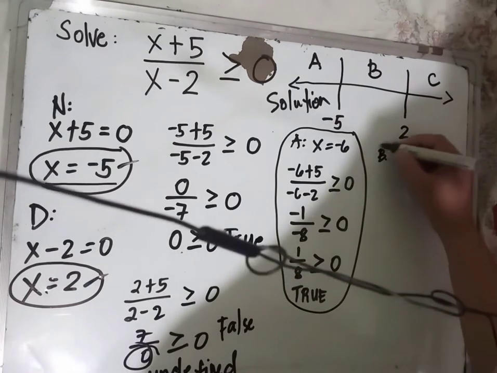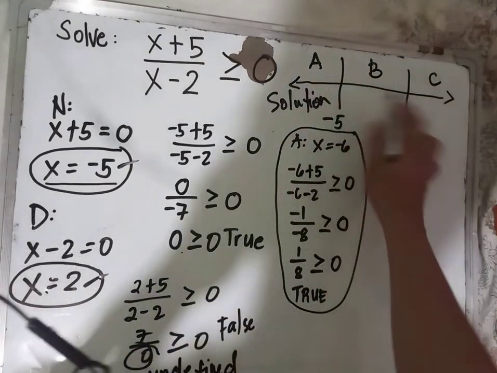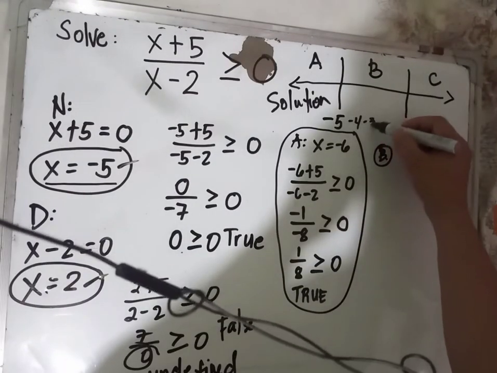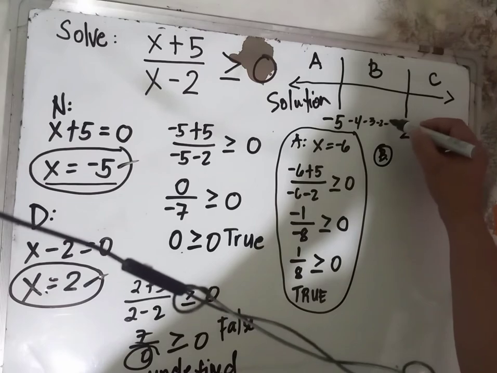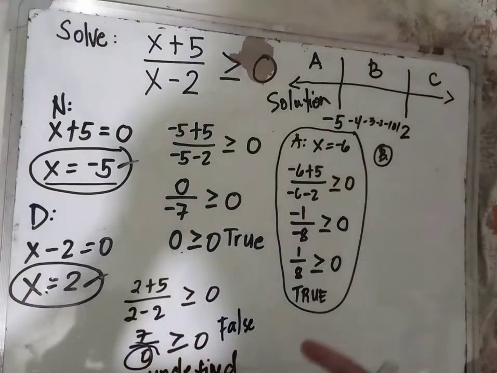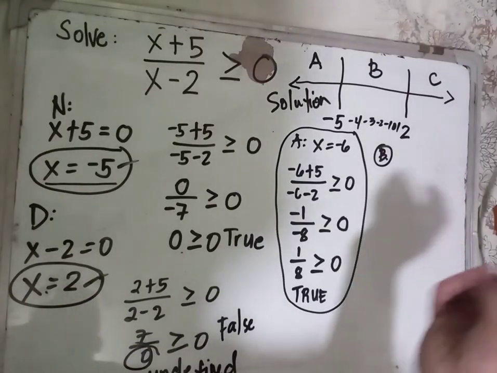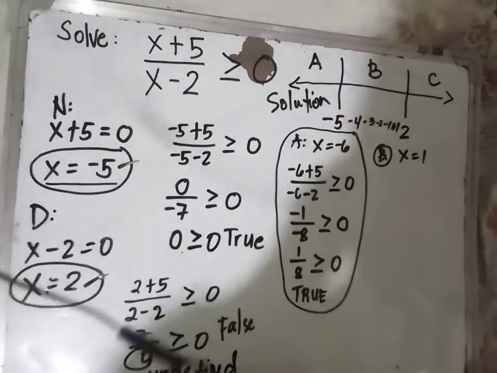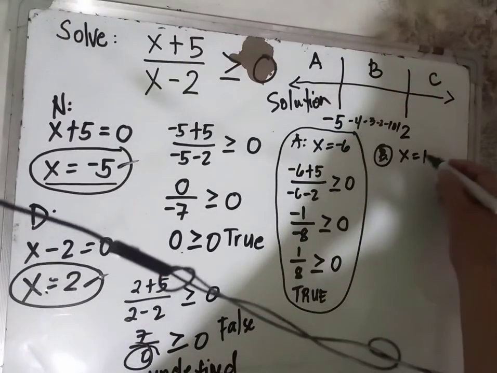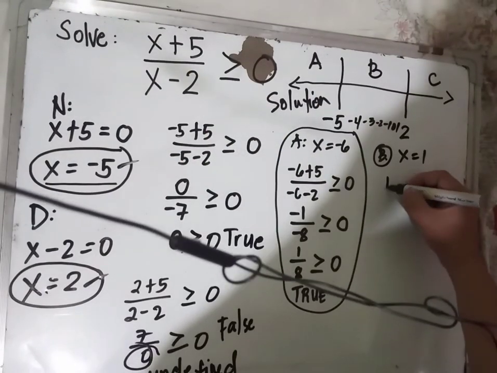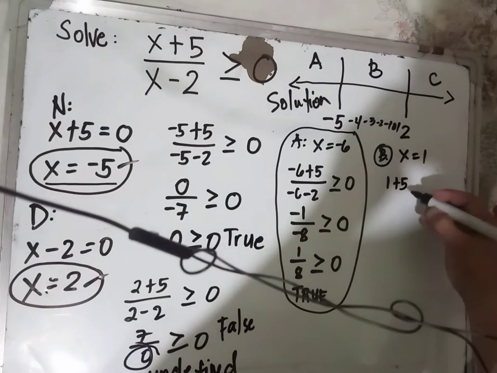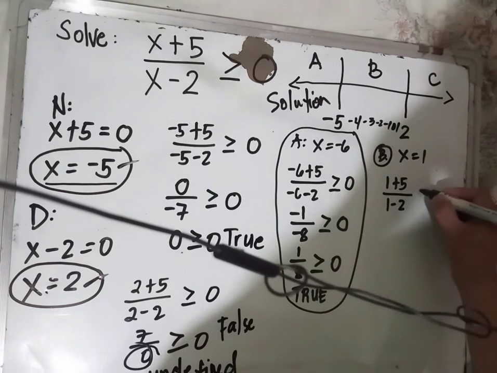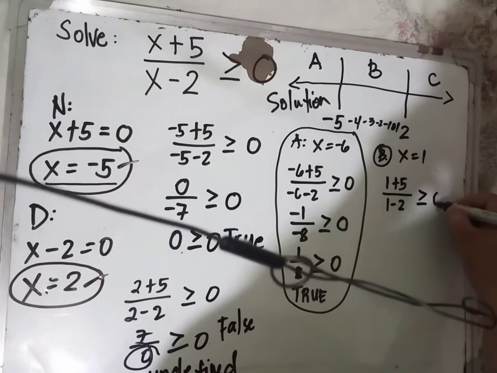Ang interval B, any numbers belonging to interval B. So that is negative 4, negative 3, negative 2, negative 1, 0, and 1. So when x is equal to 1, tingnan natin. Substitute this to the given inequality. So magiging 1 plus 5 over 1 minus 2 greater than or equal to 0.